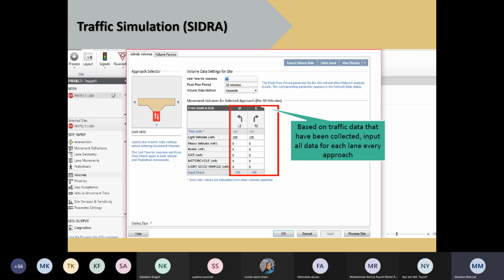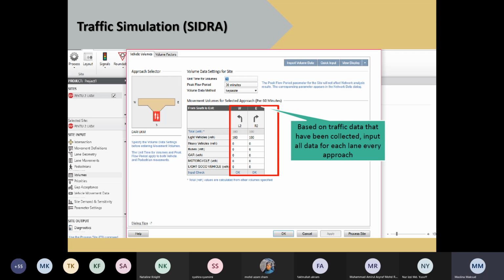I'm sure everyone already knows about Sidra. The performance of the existing junction can be analyzed using Sidra, a software developed by the Australian Road Research Board, and it can also be used for unsignalized intersections.